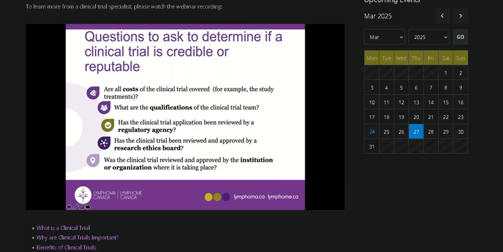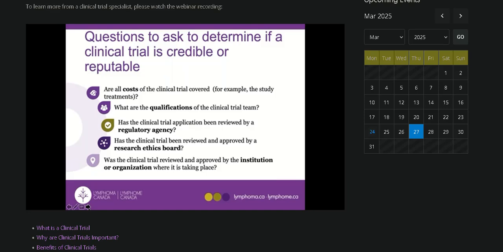You might be asked to pay for parking to get to the clinical trial site, which sometimes can also be reimbursed. You may have to take time off work, or your time is valuable, so that could be considered a cost. But you should not be asked for an entrance fee to the study or to cover the costs related to the intervention. Those are pretty big red flags.